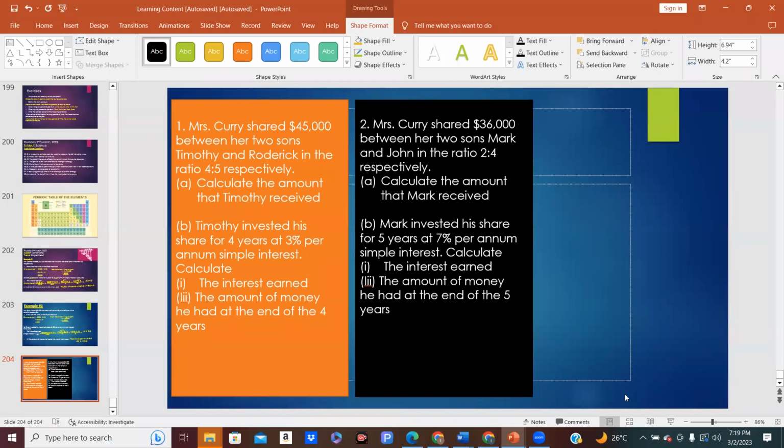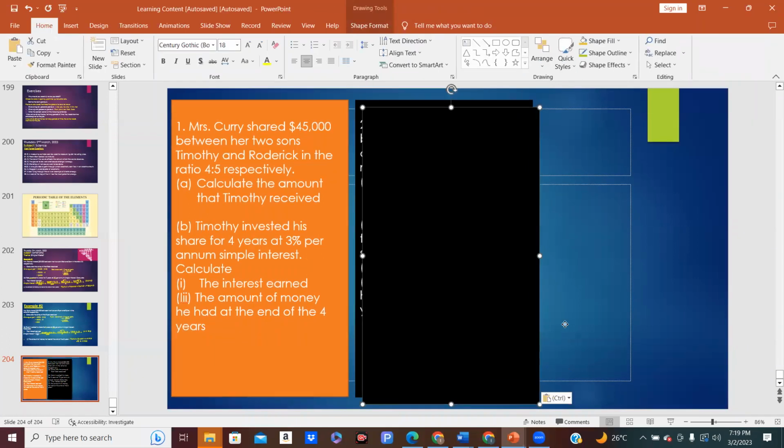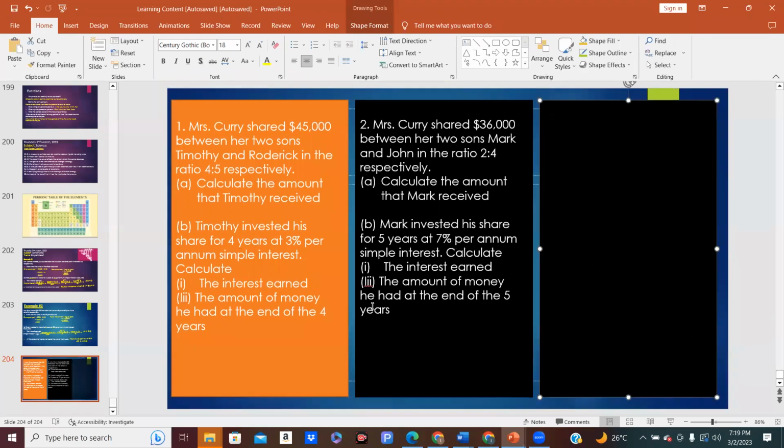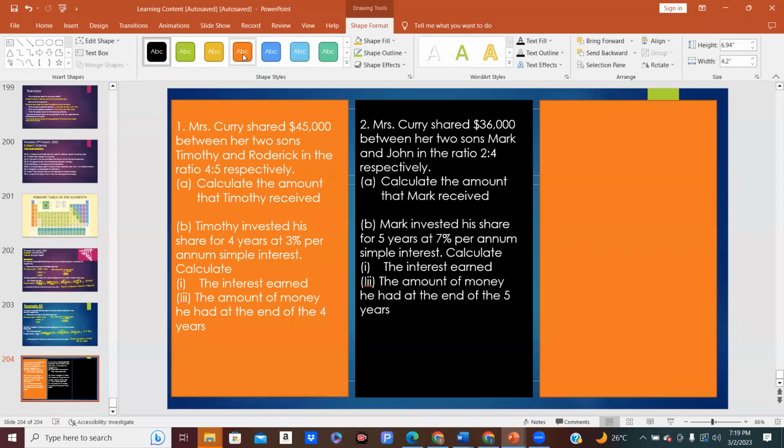Take your time, make sure that your calculations are right and accurate. You'll be able to get all of them right. Make sure you write down the questions along with the answers.